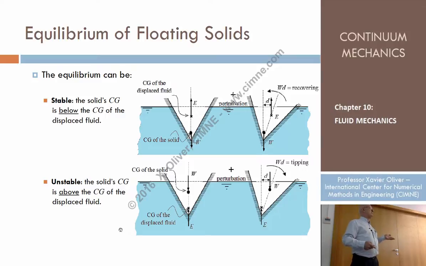That is why, for instance, in competitive sailing, we have additional weight here, which is the bulb. What is the role of the bulb? The role of the bulb is lowering the gravity center so that the ship can remain inclined but stable.